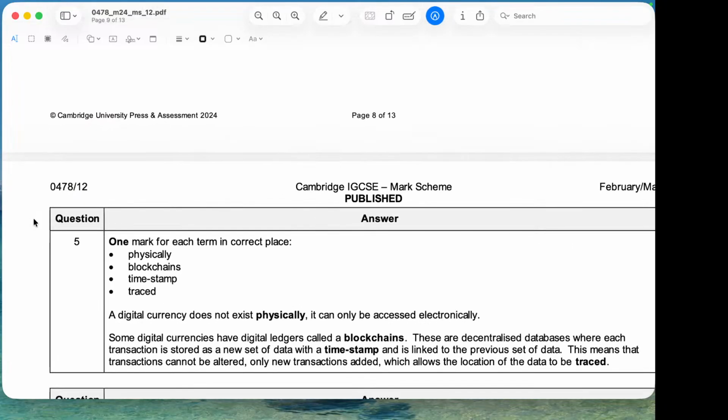Some digital currencies have digital ledgers called blockchains. These are decentralized databases where each transaction is stored as a new set of data with a timestamp and is linked to the previous set of data. This means that transactions cannot be altered, only new transactions added, which allows the location of the data to be traced.